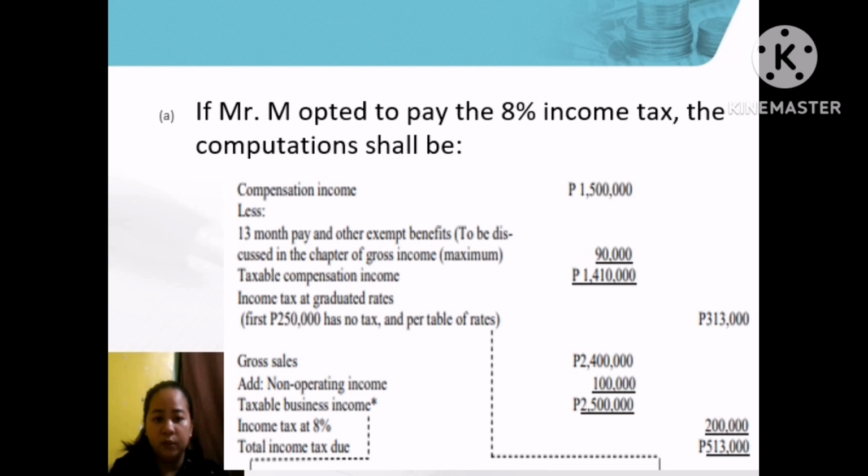To continue the discussion given the illustration above, under rule number 2, that if the gross sales, receipts, and non-operating income exceeds 3 million pesos.